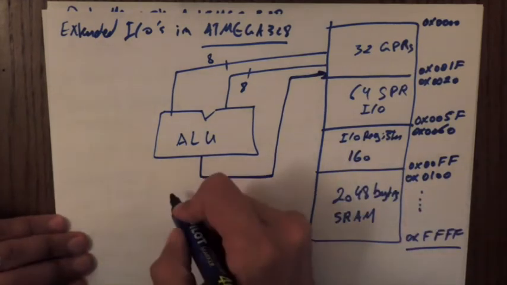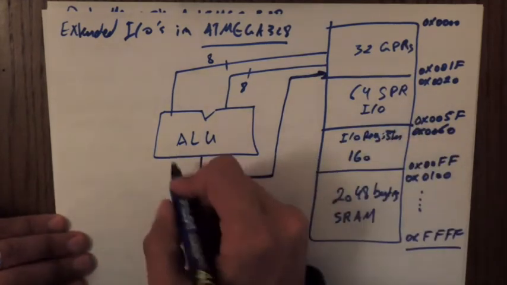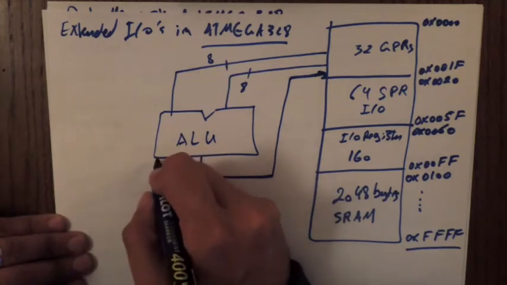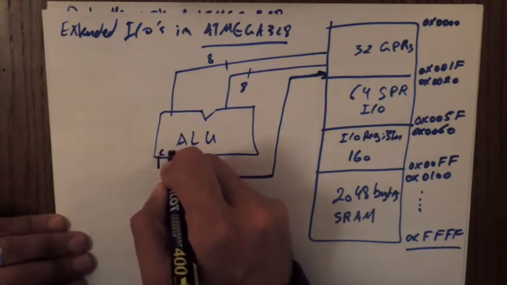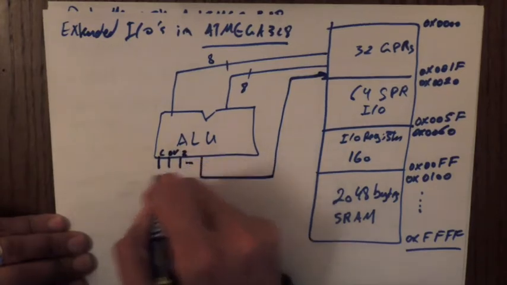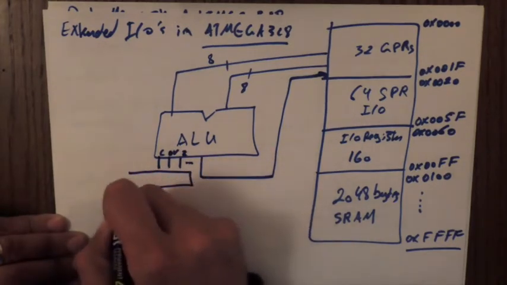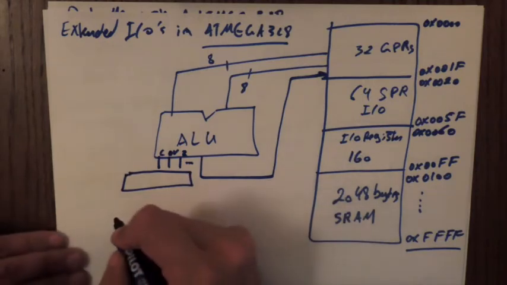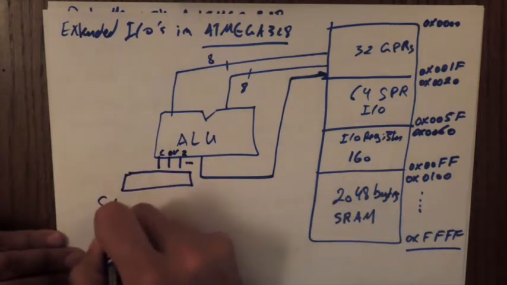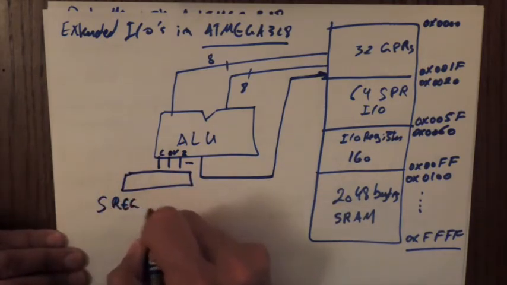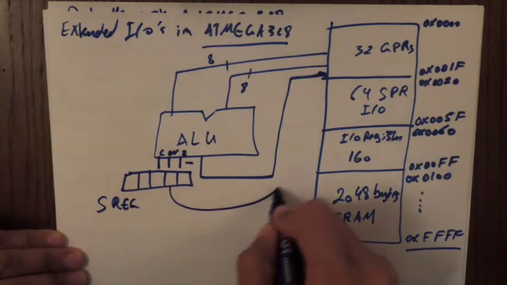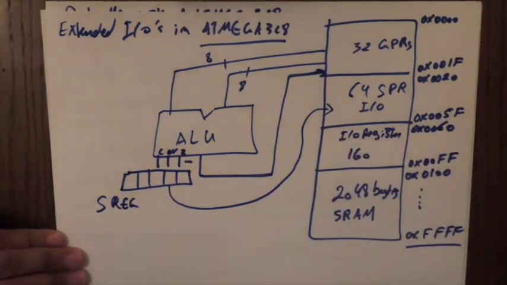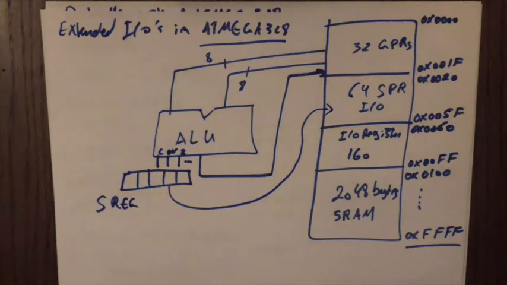Okay, sometimes I have some flags like the carry, the overflow, the 0 flag, and some other flags. This is a special register. This is the first special register we're going to take. It's called SREG, status register, and it has all of those bits, and it's found inside the IO part of the Atmega 328 architecture.